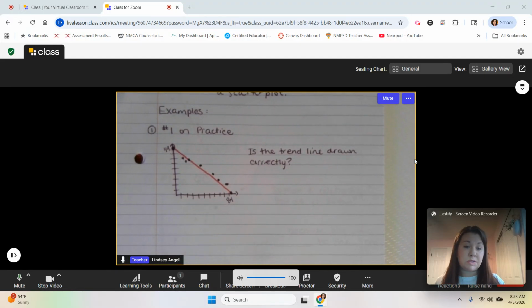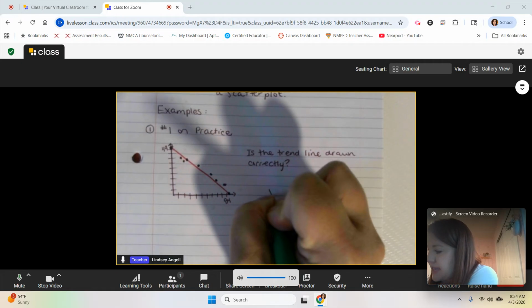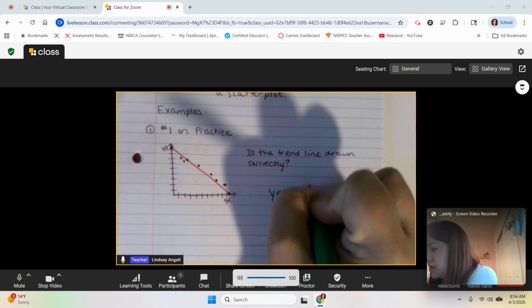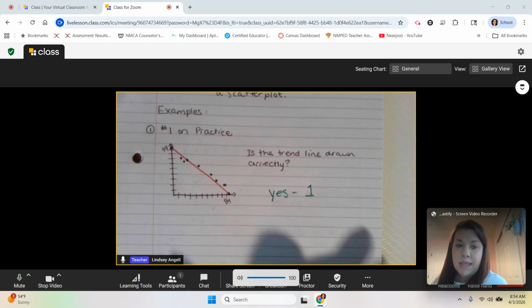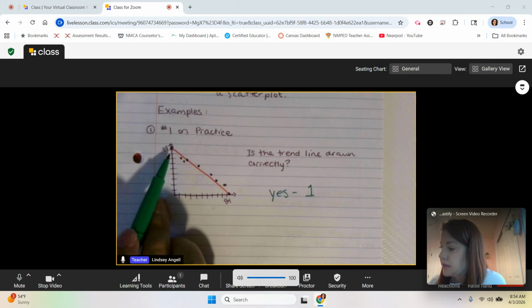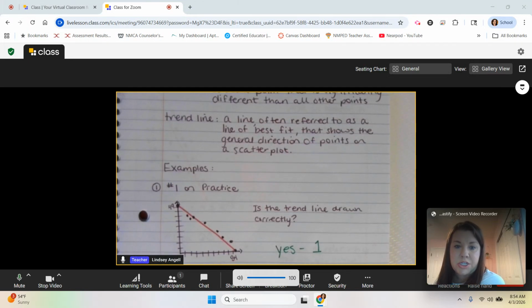With this first one, this one's pretty straightforward. Number 1 on your practice says, is the trend line drawn correctly? Yes or no? In this case, I would say yes. I think it wants you to enter a 1 for yes or a 2 for no. So I would say yes, or you could also enter the number 1. Thinking about the definition, it's also referred to as the line of best fit.